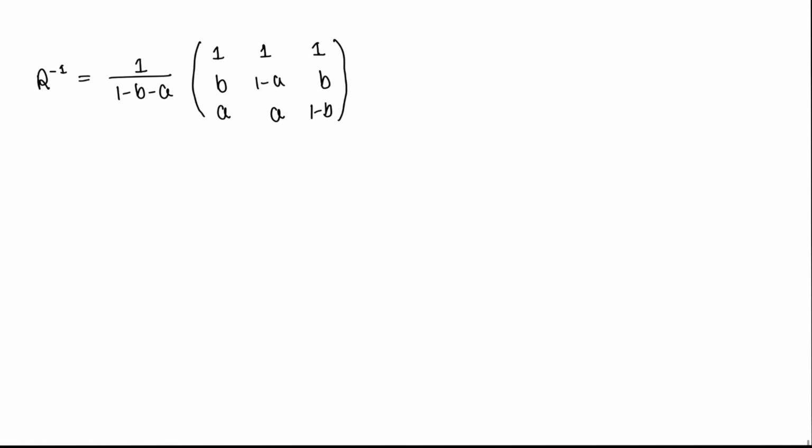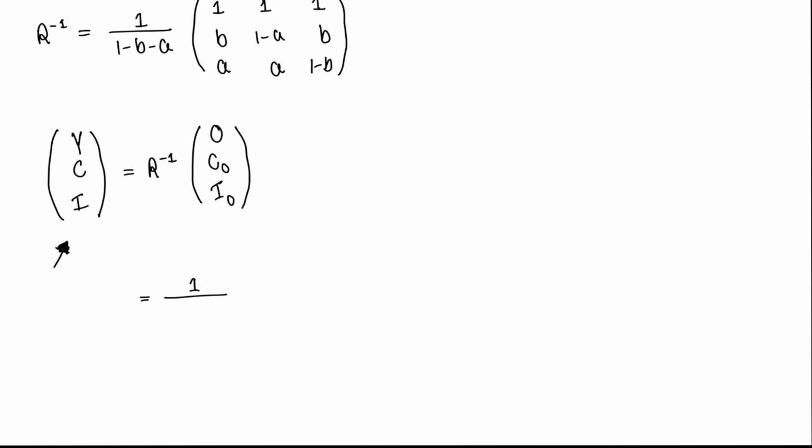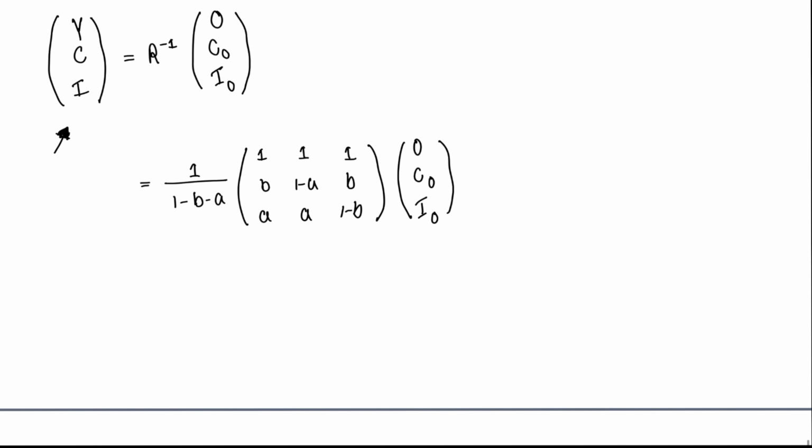Cool. Now, going back to what we had before, to find these values, we need to do the inverse of R multiplied by 0, C0, I0. So now if I fill in what the inverse matrix is, we get this.